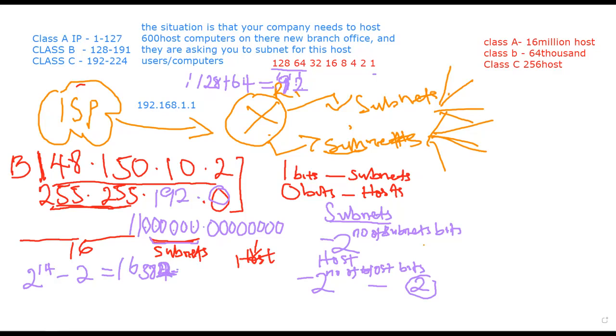Now it means that with this new subnet mask, we would get 16,382 hosts.